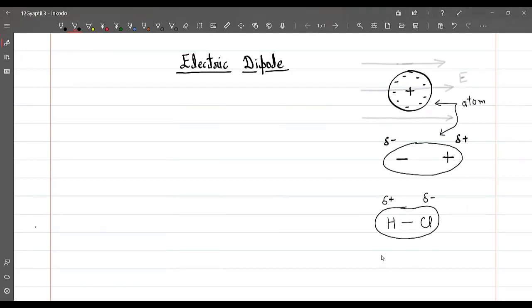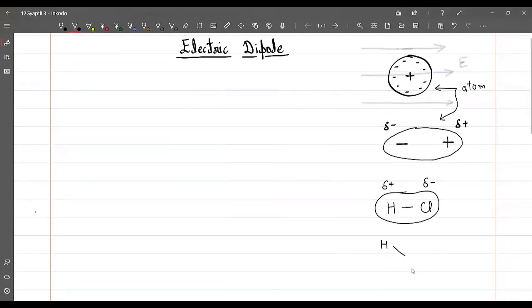And this can also happen in molecules like molecules of water. There is a delta positive charge on the hydrogen, delta positive charge on the other hydrogen, and delta negative charge on the oxygen atom.